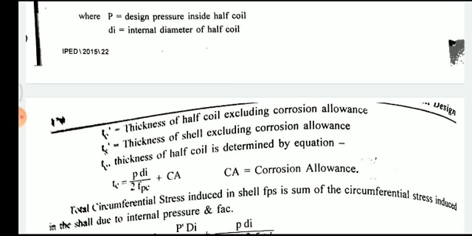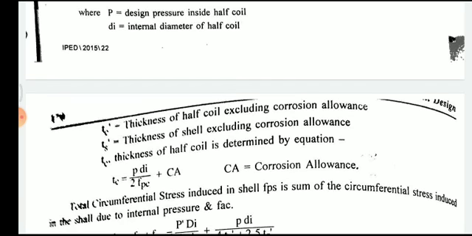Same for the shell: thickness of shell excluding corrosion allowance. The thickness of the half coil is determined by the equation t = P D_i / (2 f) + CA, where CA is the corrosion allowance.